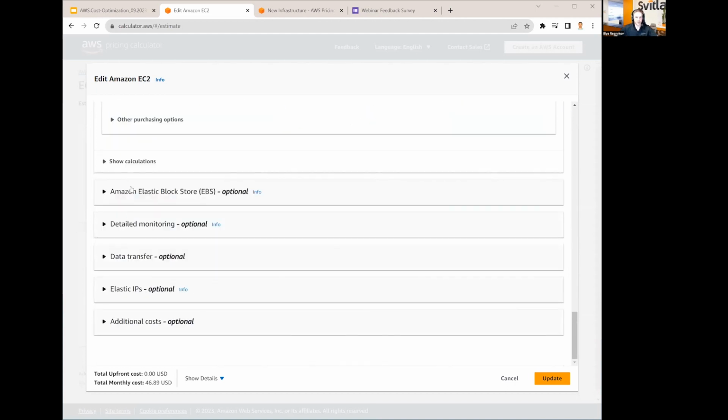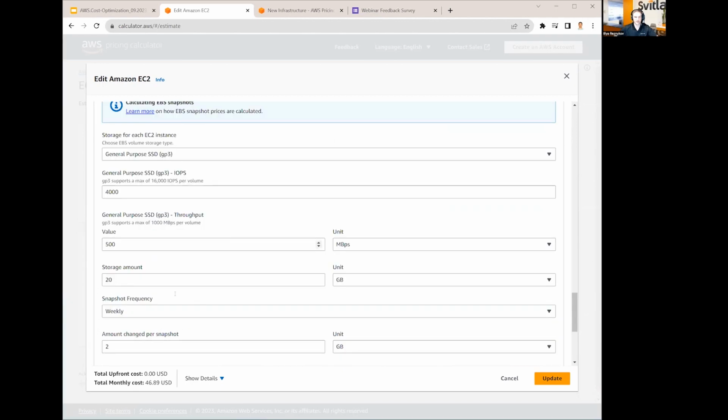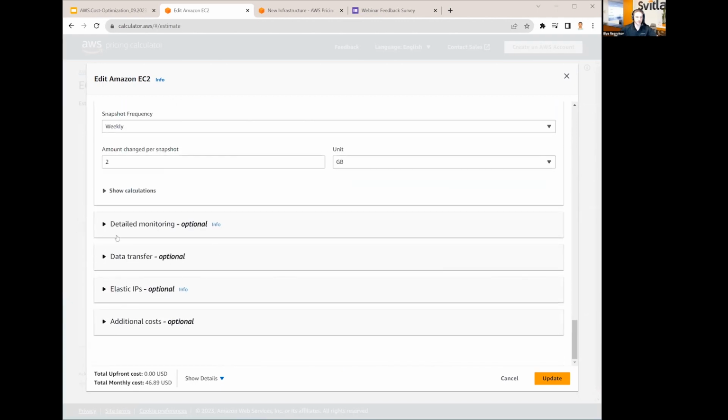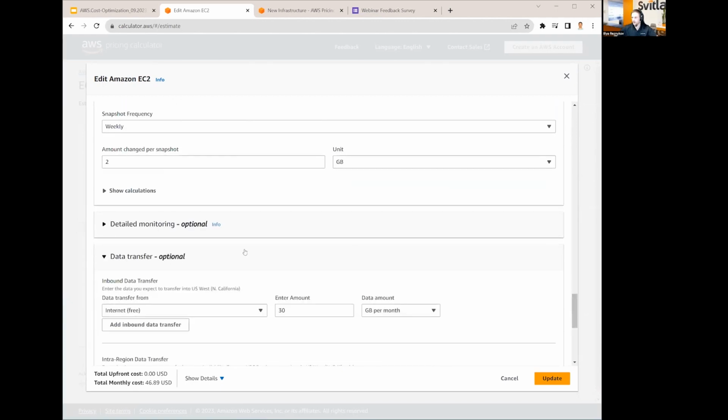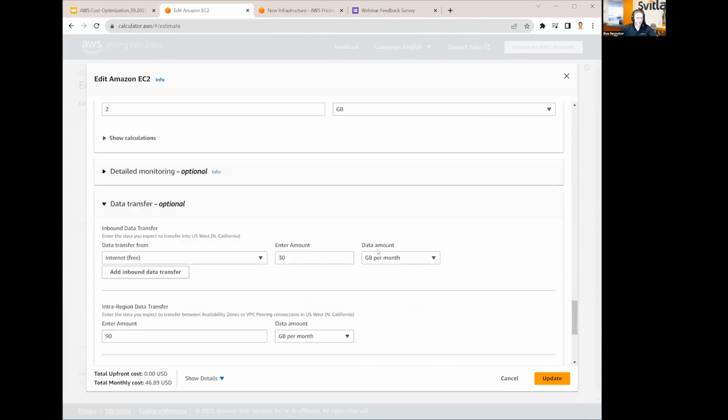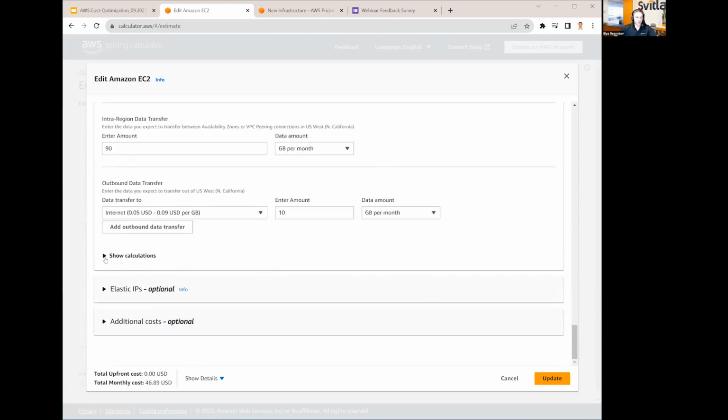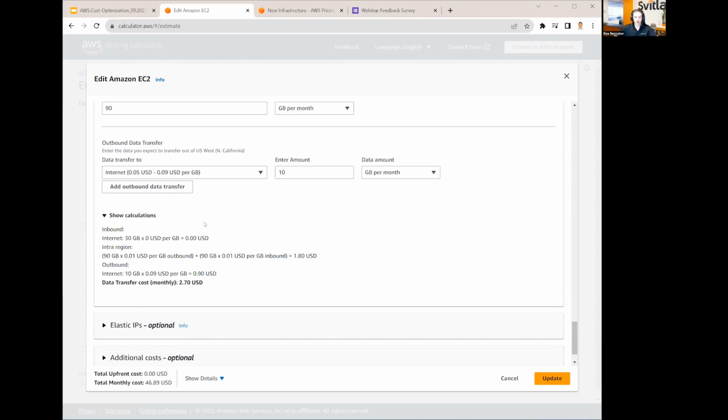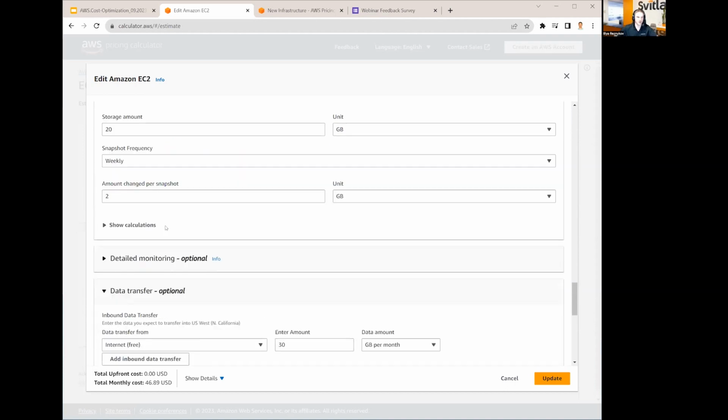And also AWS Pricing Calculator automatically provides us some additional options. So it asks us for expected storage, for example, expected data. And at the end, we may take a look at the calculation. So, for example, if the sum is $3 in this case, it demonstrates how it was calculated.